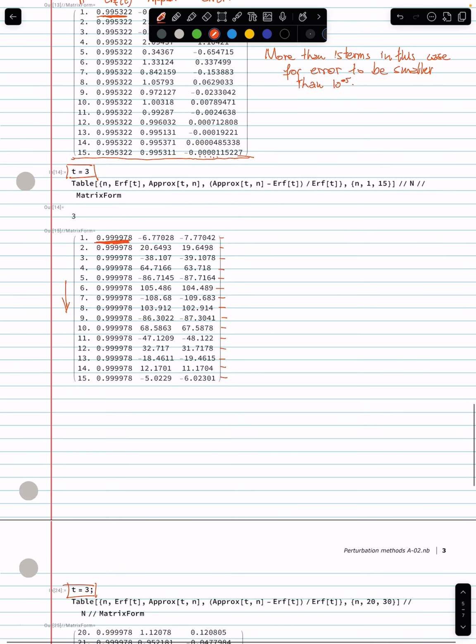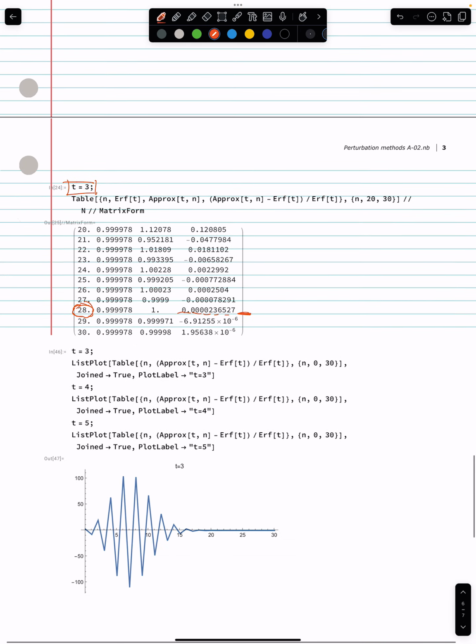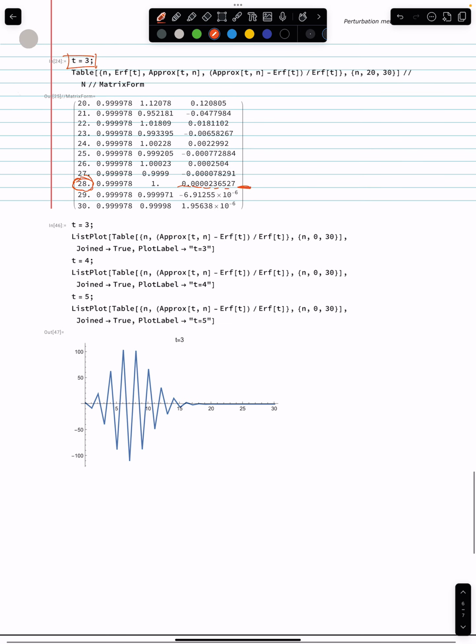And so if you do that, then you just realize that as you truncate, this is still what we have for t is equal to 3. This is the error that you can achieve. And you see that we have, this is not in percent, right?